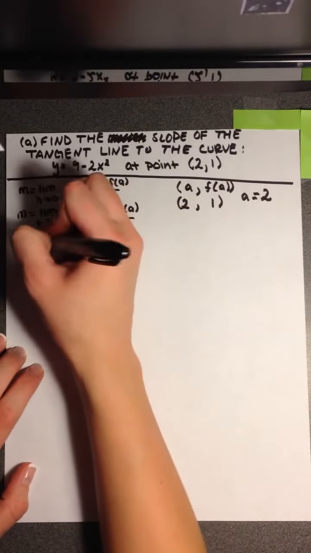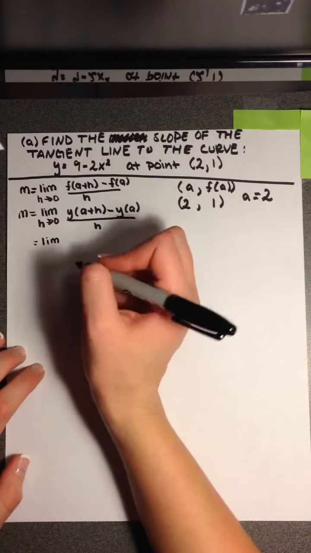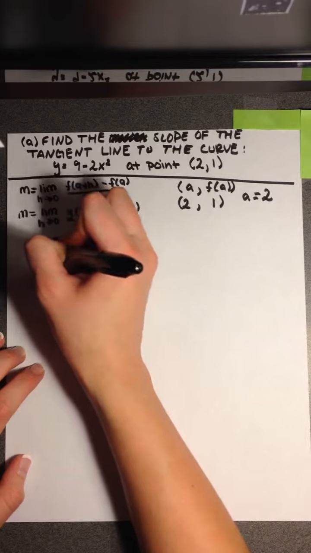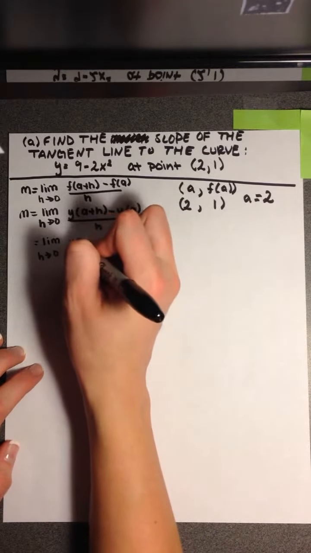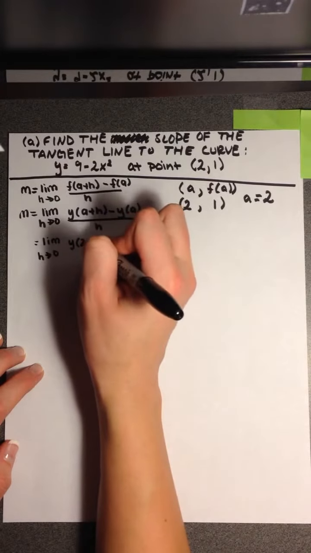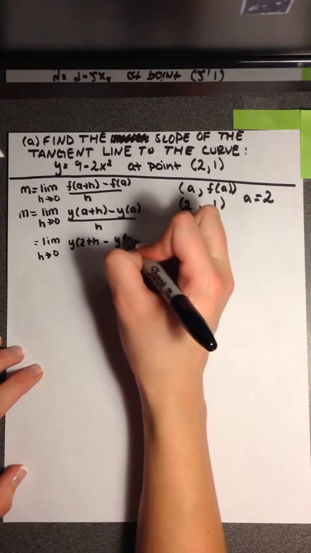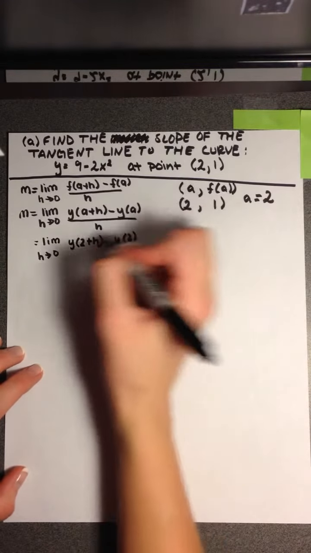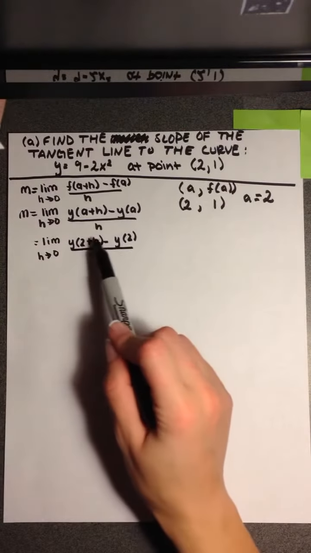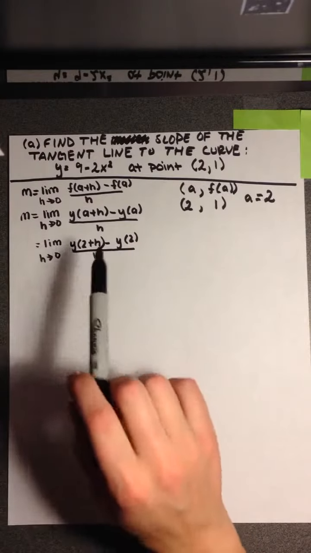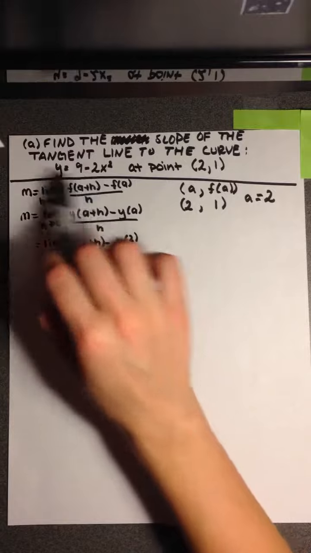So this is going to equal the limit as h approaches 0 of y of 2 plus h minus y of 2, all over h. Now we're going to take these two values, 2 plus h and 2, and put them in for x in this equation.